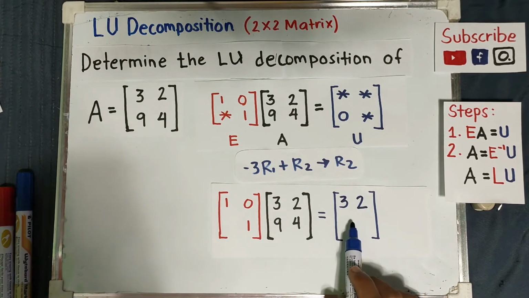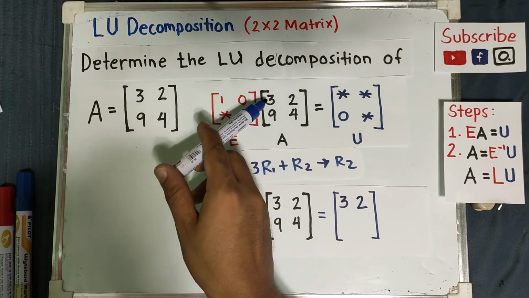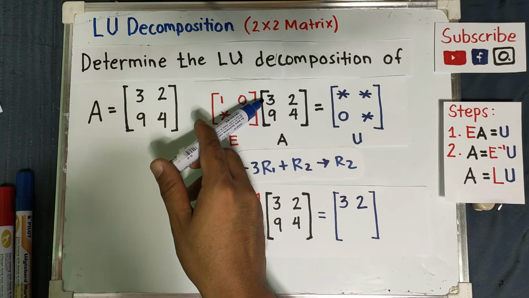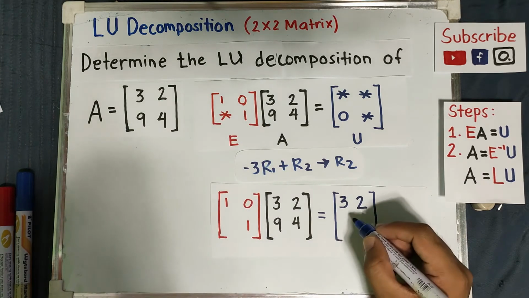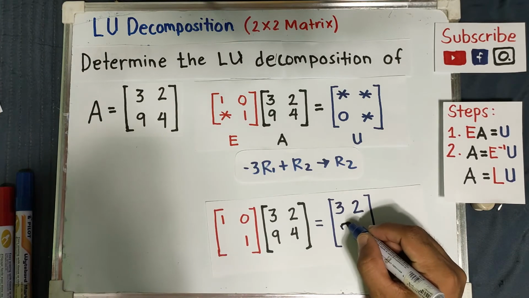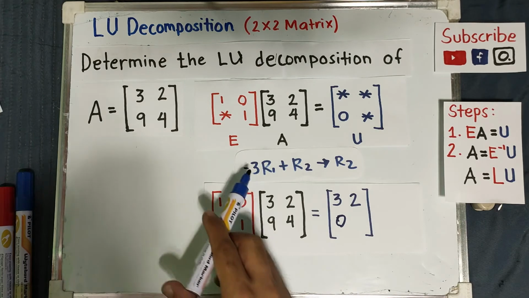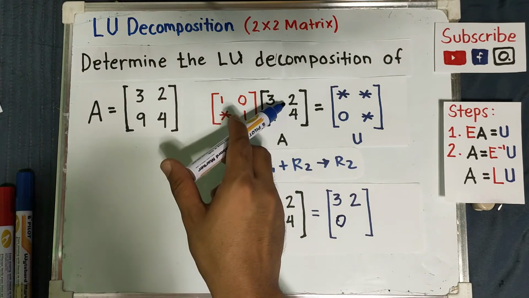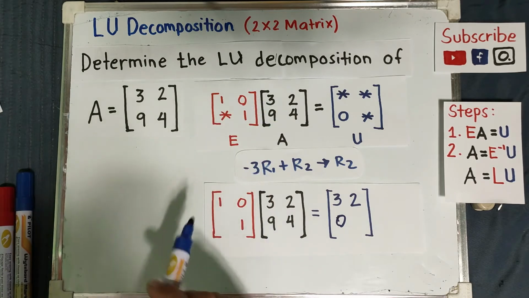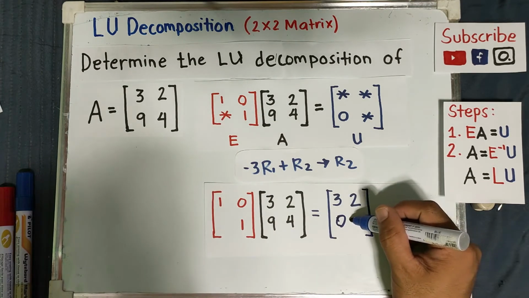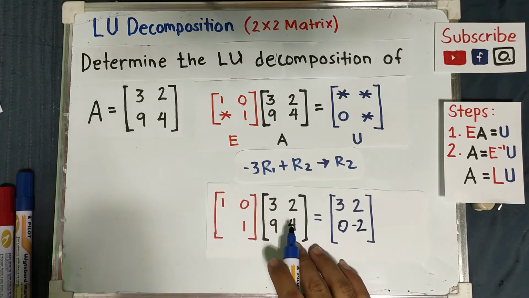Let's multiply negative 3 times 3, which is negative 9. Negative 9 plus 9, the answer will be 0. So we'll have 0 here. And negative 3 times 2 is negative 6, plus 4 is negative 2. So negative 2, right?